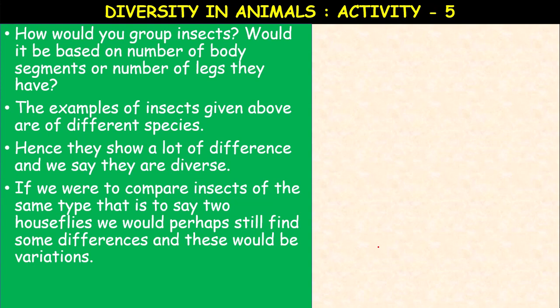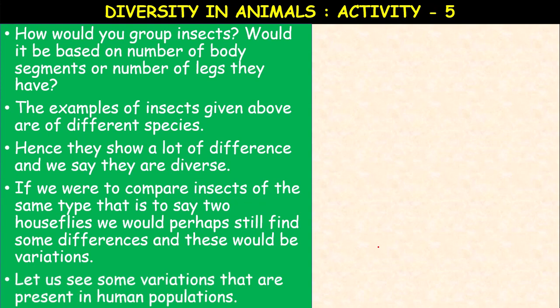They show close similarities, but even though the species are the same, means same type, you will find some differences if you observe very keenly. Okay, so those differences are called variations. So let us see some variations that are present in the human population, means human beings, we people.